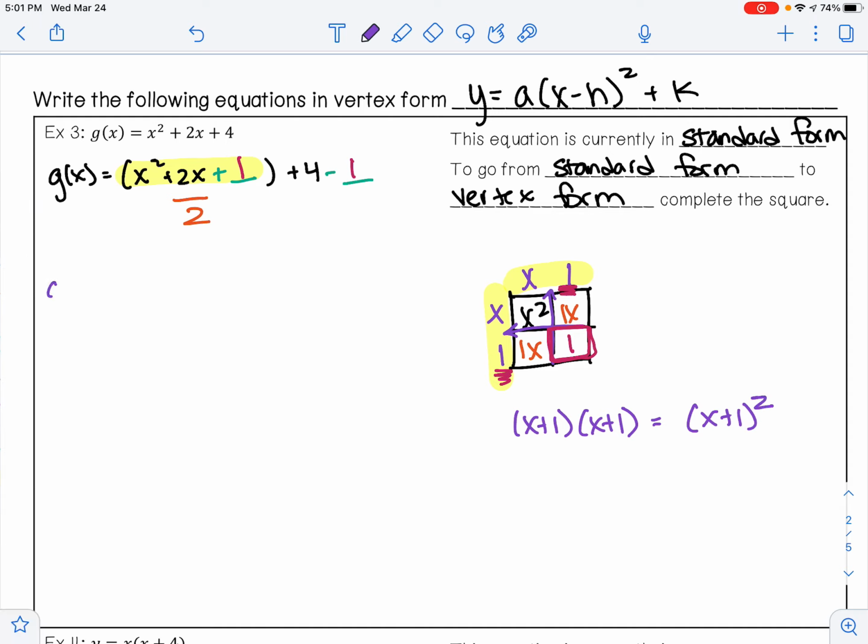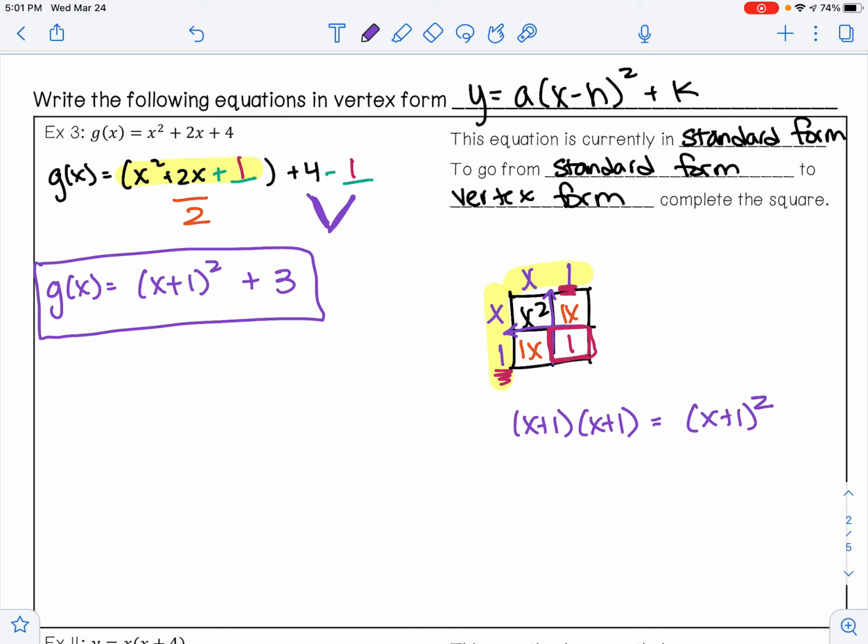And so now I have g of x equals x plus 1 squared. The only thing I have left to do is 4 minus 1. 4 minus 1 is 3. This is the equation written in vertex form.